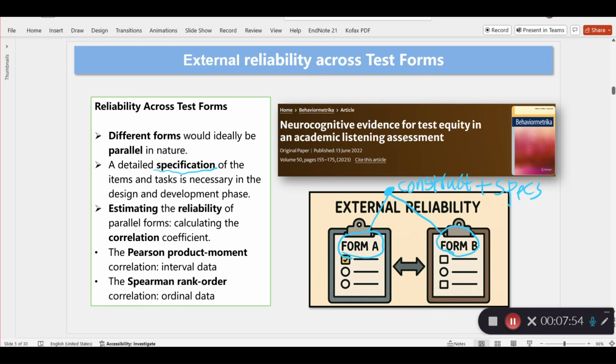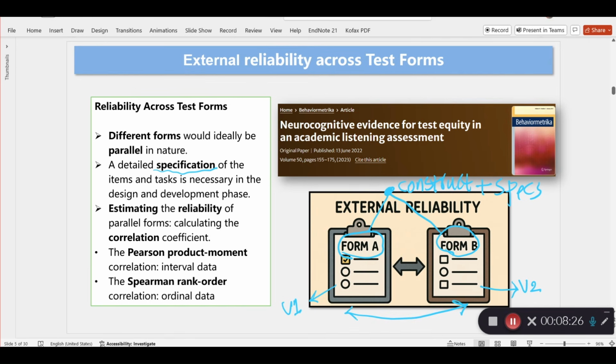Okay, now as to the external reliability across test forms itself. It's basically based on the estimation of the correlation between the 2 tests, meaning that you will first of all sum up the scores, and you will get one variable for form A. So this is variable 1, let's say, and then you will get another variable for form B, and let's call this variable 2, and then you will conduct a correlation analysis.